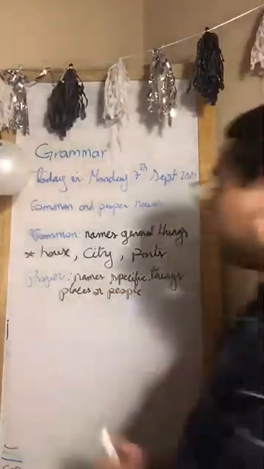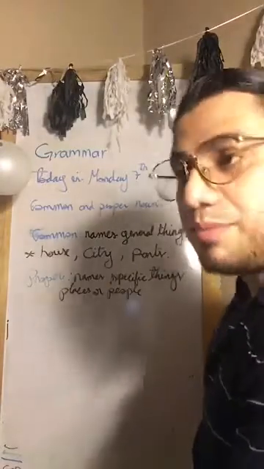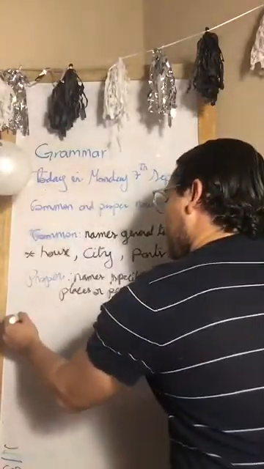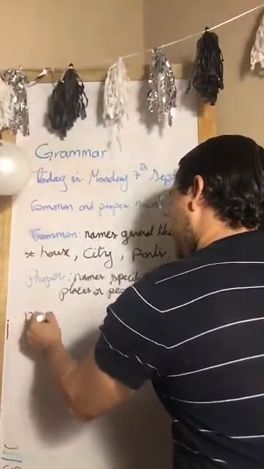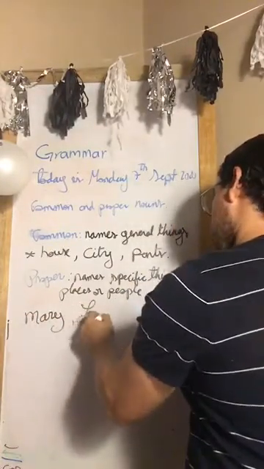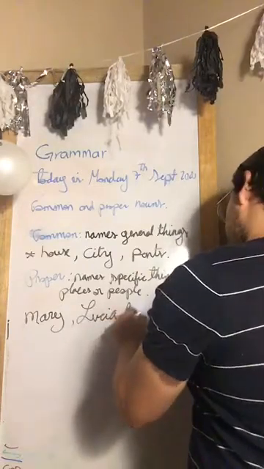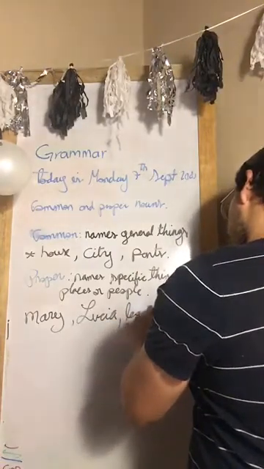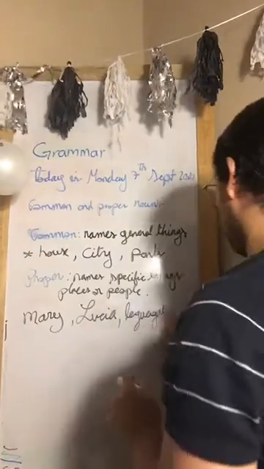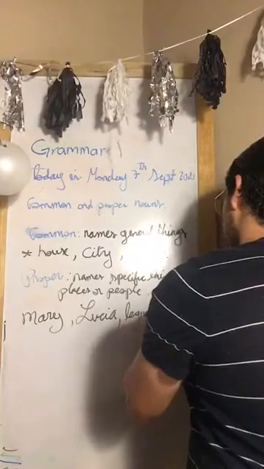For an example, proper nouns name people like Mary, Lucia, or places like Tegucigalpa. I know, you know my handwriting is ugly, so I'm sorry. Tegucigalpa.